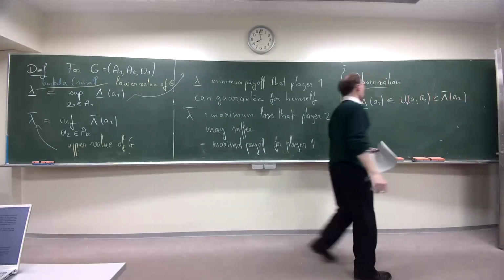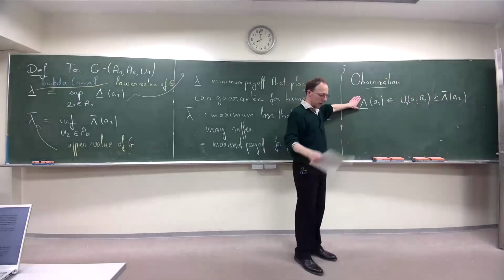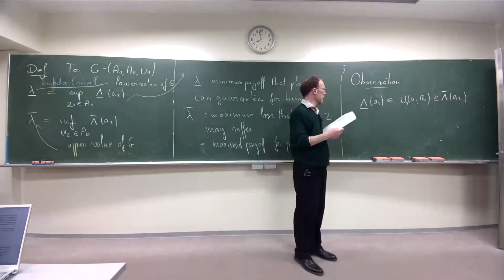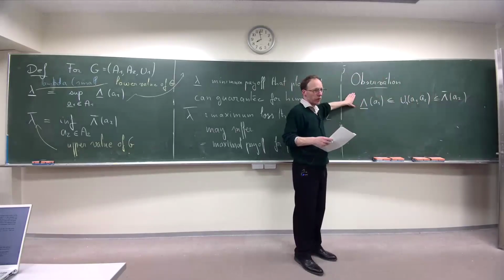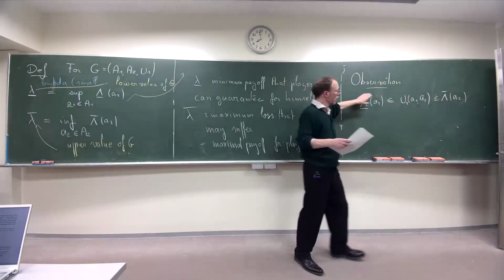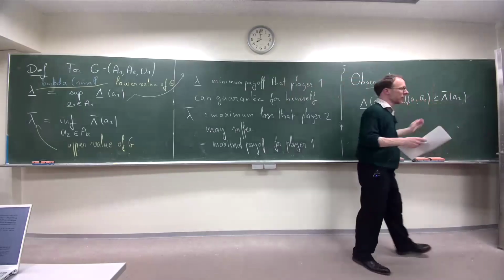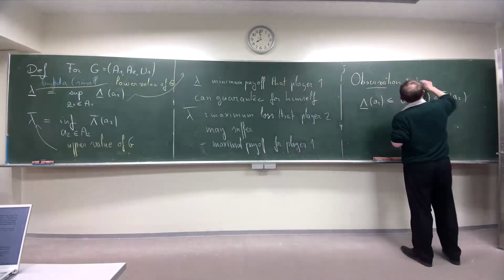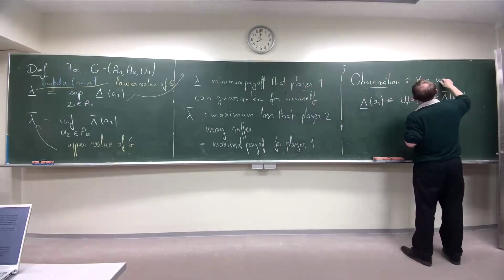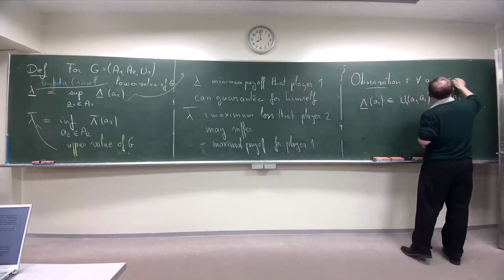This is easy because this one was obtained by taking an infimum over all A2, and this one was taking a supremum over all A1. So this is clear for any A1, A2, we have this.